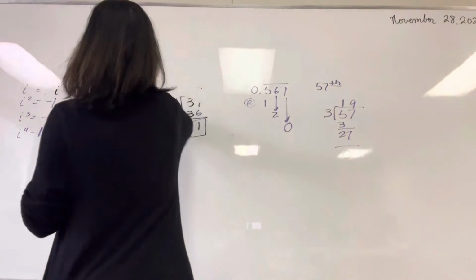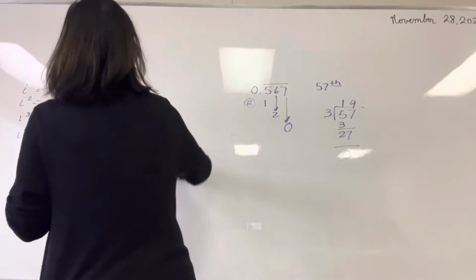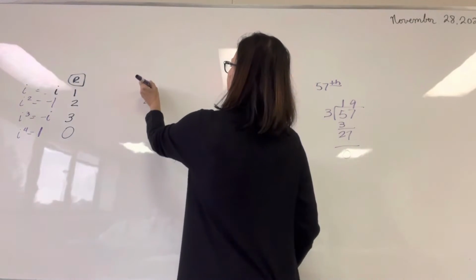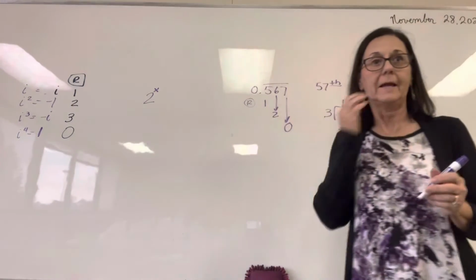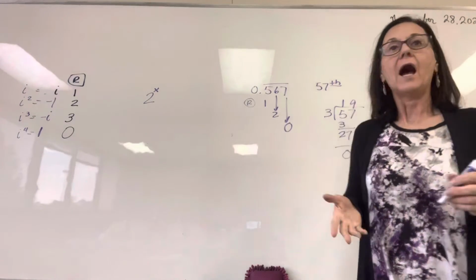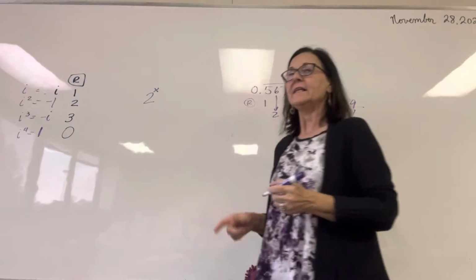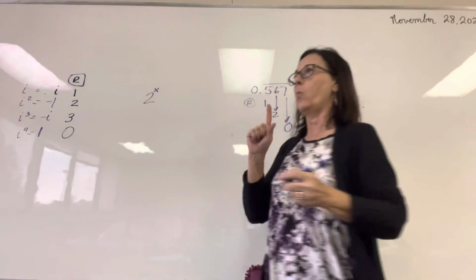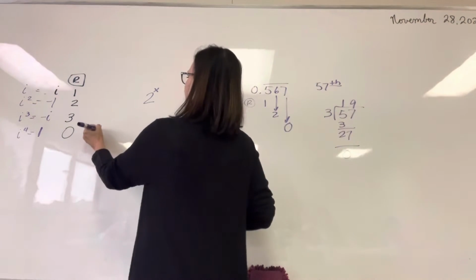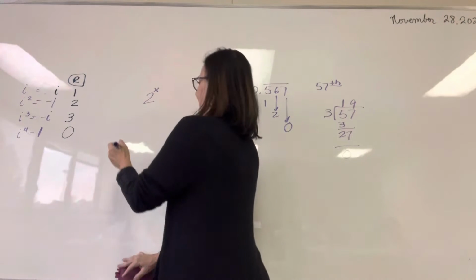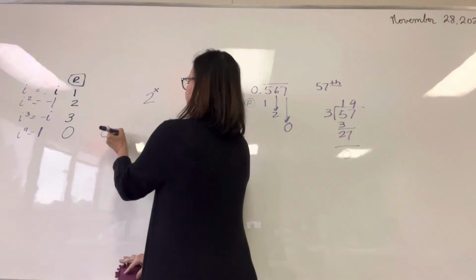What if I have 2 to the x, and I want to know what is the digit in the ones place?